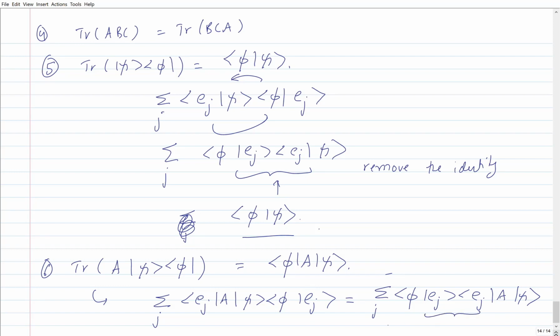And I'm going to again remove the identity. Once I remove the identity, I get this equal to this. Okay, so this essentially was it.